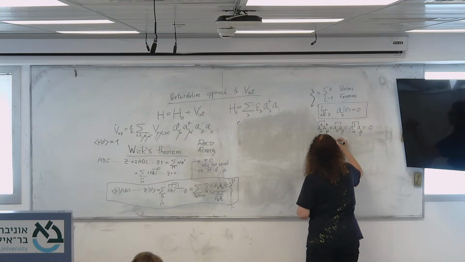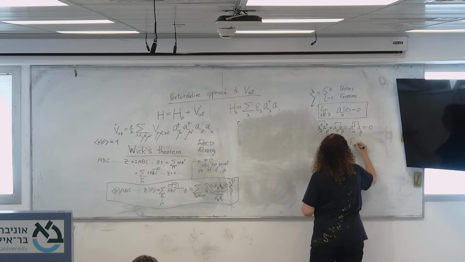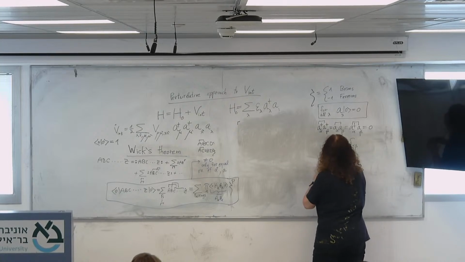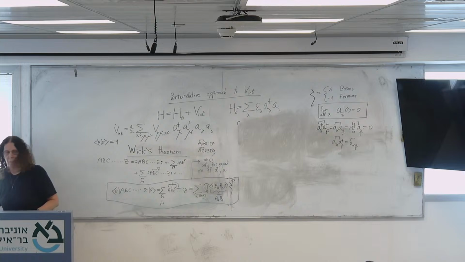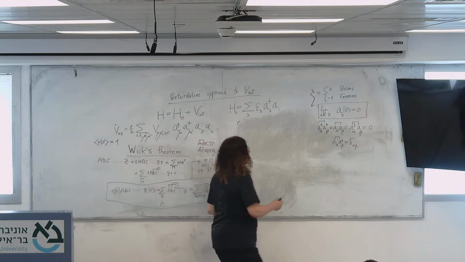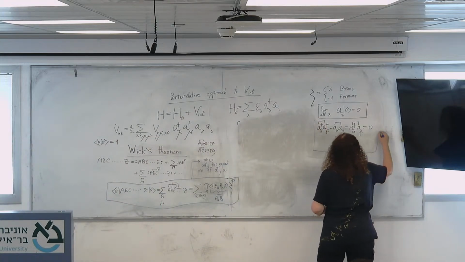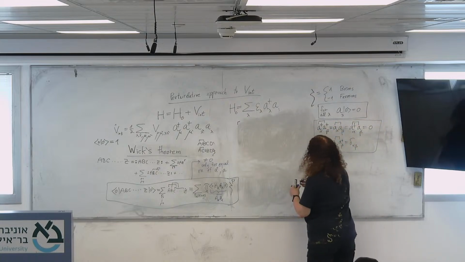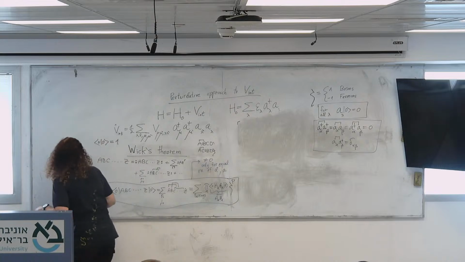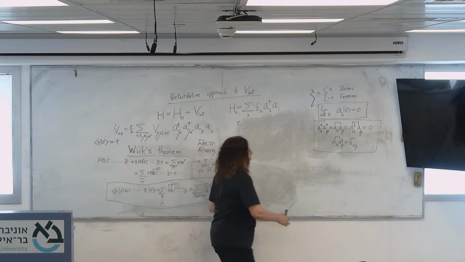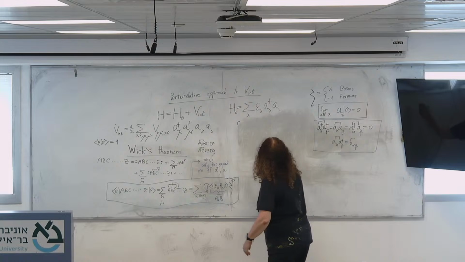This is all 0, and A alpha and beta dagger is a delta alpha beta. Okay, this is one thing I want to keep. Okay, and now we are talking about interacting fermions.